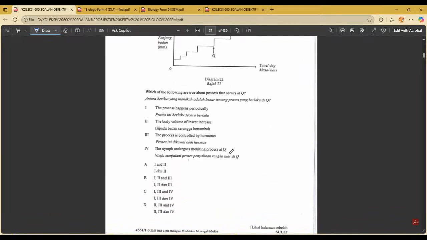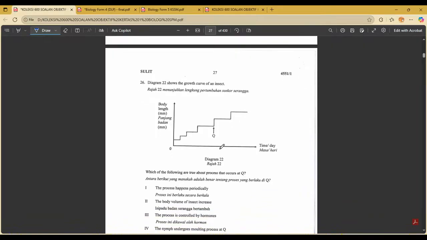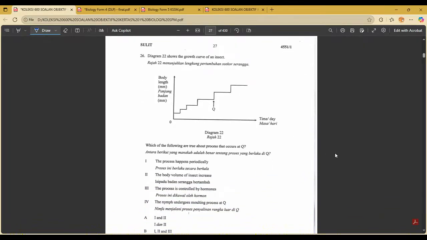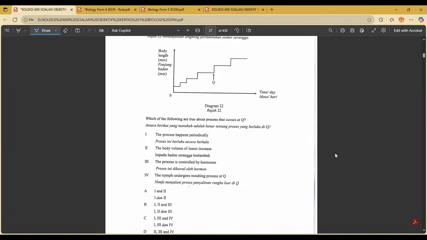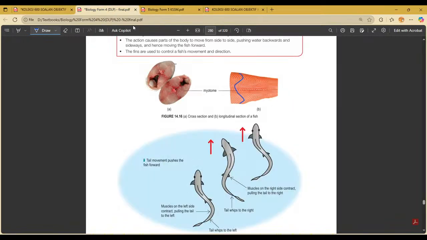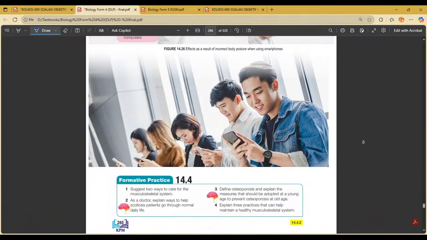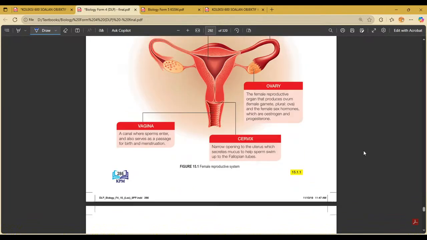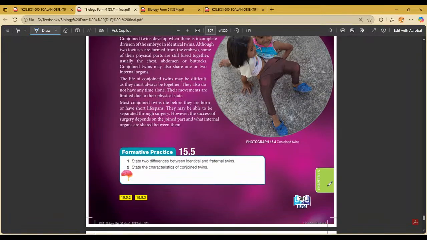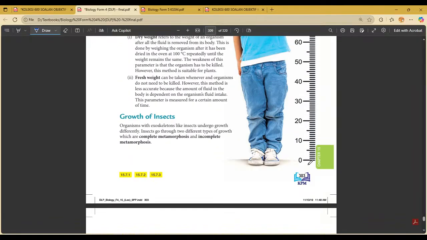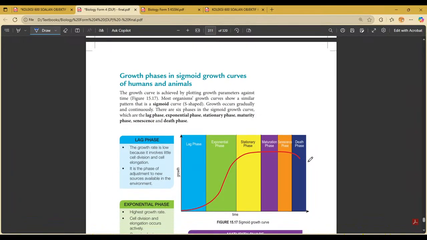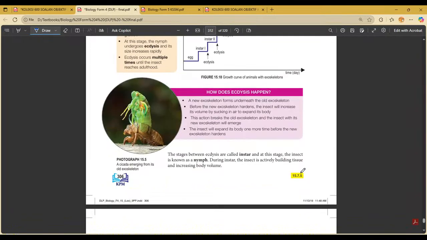Diagram shows moulting of an insect, which of the following is true for process at Q. Process at Q is Exodus. How do you spell that? Exodus. Ecdysis, not Exodus. Ecdysis.